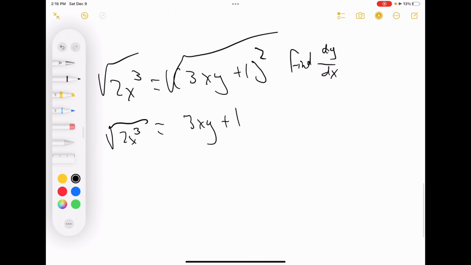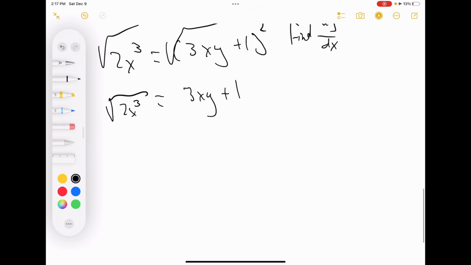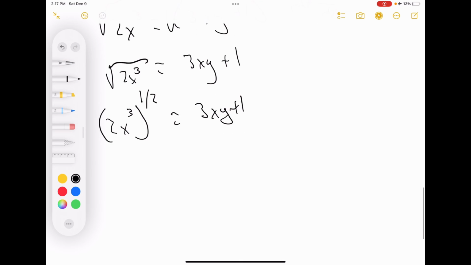Now we find dy dx. So the derivative of the square root of 2x cubed, it's chain rule. So let's just rewrite this as 2x cubed to the 1/2 power is going to be equal to 3xy plus 1. So let's derive the left side.